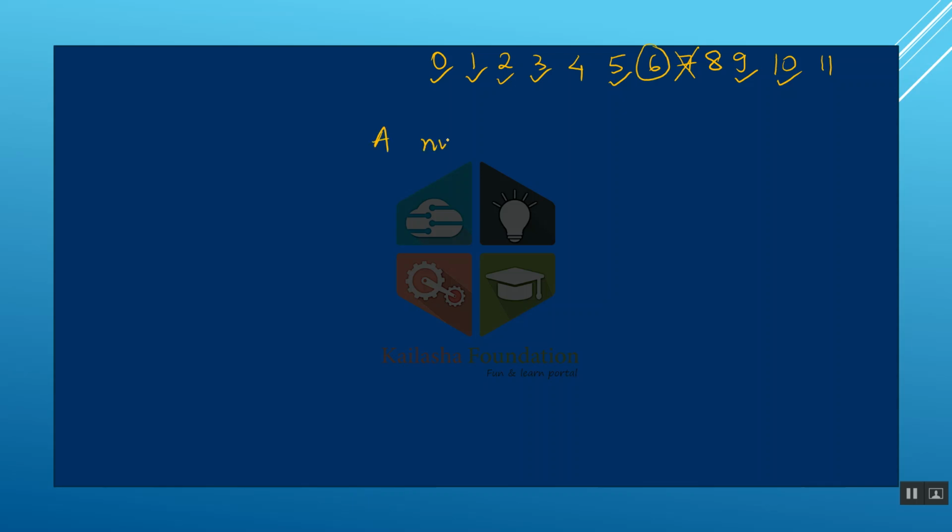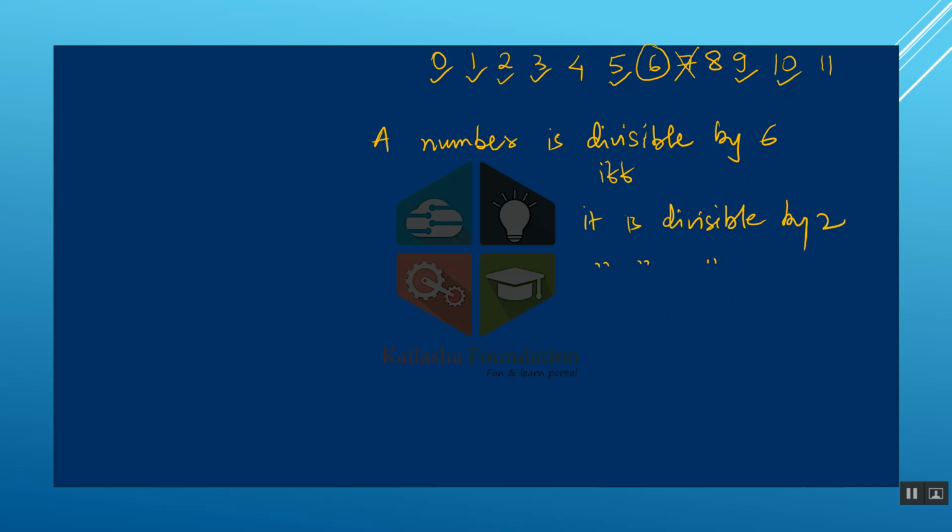A number is divisible by 6 if it is divisible by 2 and it is divisible by 3. Both these conditions are necessary for divisibility by 6.